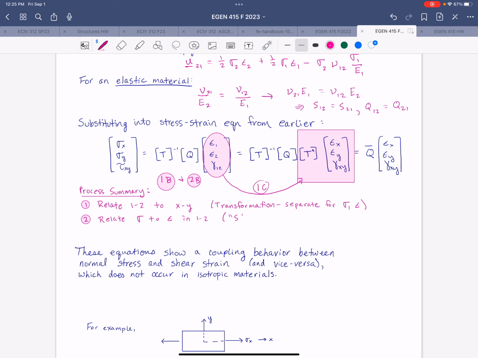All right, so that brings in the S and Q terms. I can say S or Q because for a given approach, you wouldn't want to mix them. And that depends on the constitution of the material.